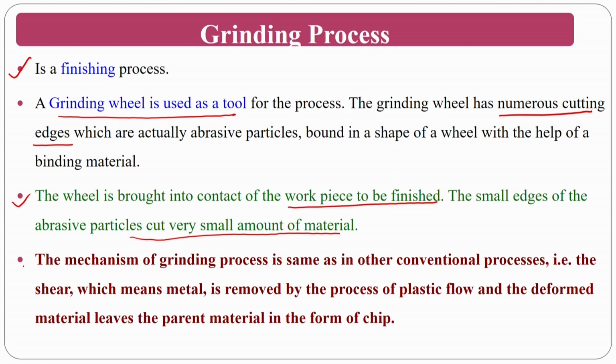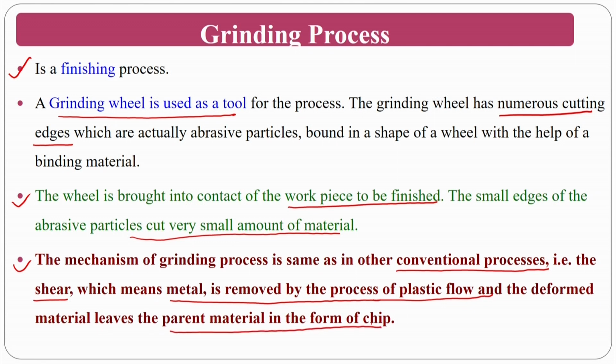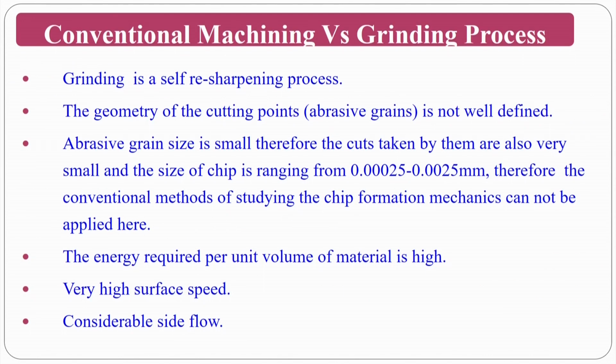The mechanism of the grinding process is the same as the conventional finishing process, that is shearing, which means material removal by plastic flow and deformation, and the material leaves in the form of tiny chips depending on your input conditions. It may also be microchips. That is about grinding.